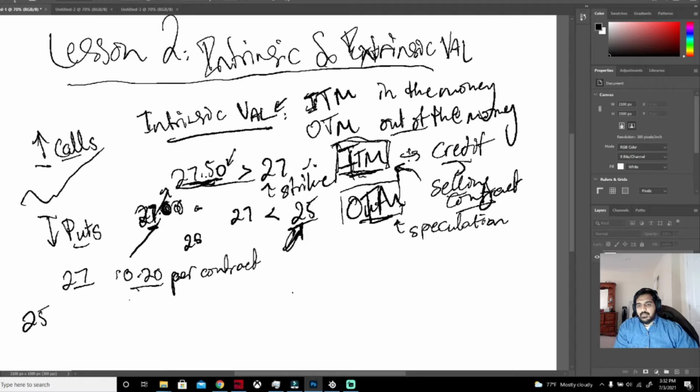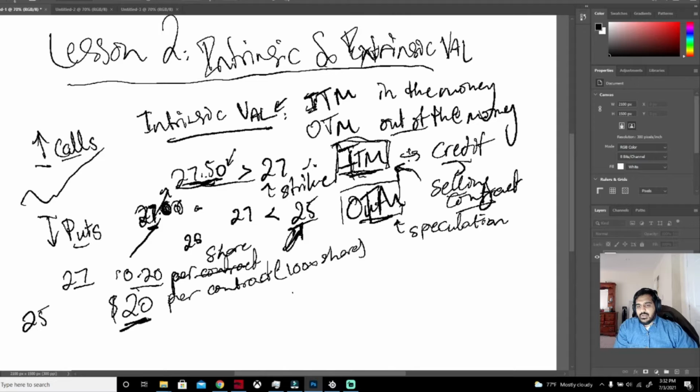I'll have to pay basically $20. The 20 cents is per share, and the $20 is per contract. Remember, a contract is 100 shares. So why am I paying $20 for this?